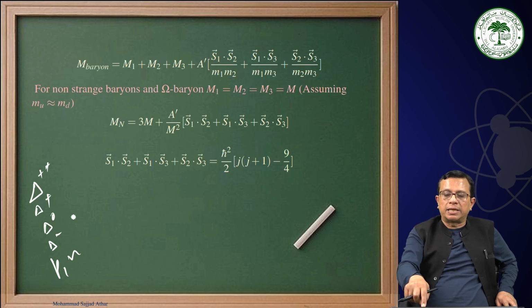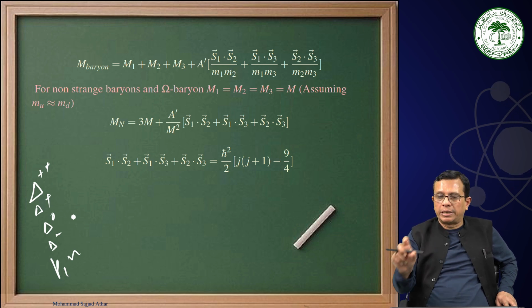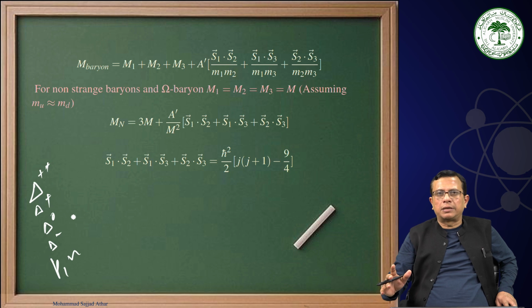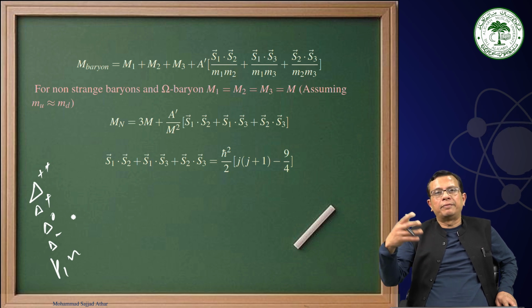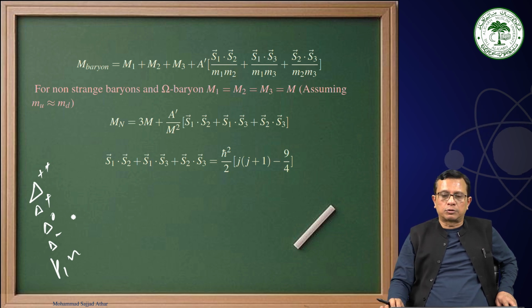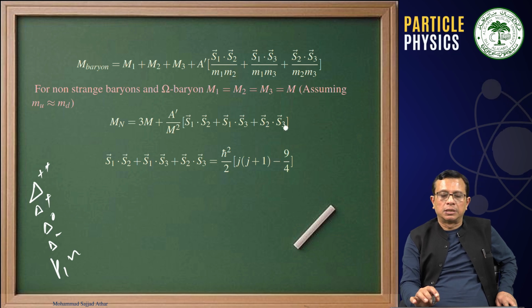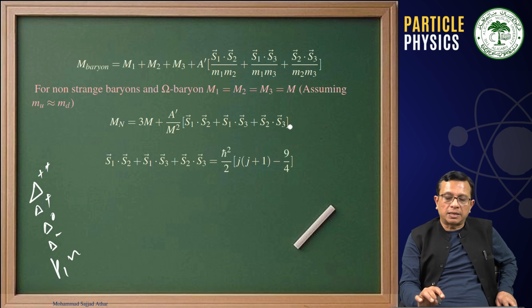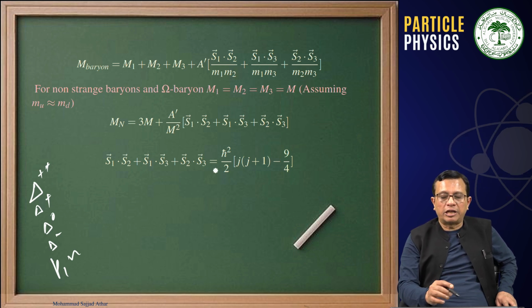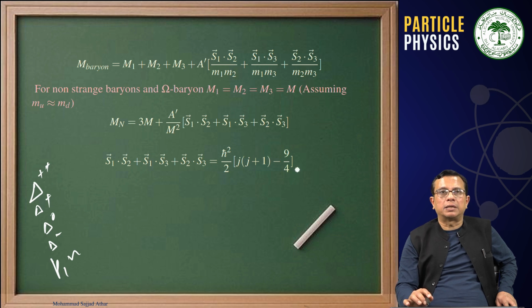This we cannot write in this fashion, so we have to evaluate individually, but that is again trivial. We will do it while doing problem solving, and therefore the mass of the nucleon is this much. Similarly, the mass of the delta will also be equal to this much, and this term, as we have evaluated earlier, will be given by the same expression.